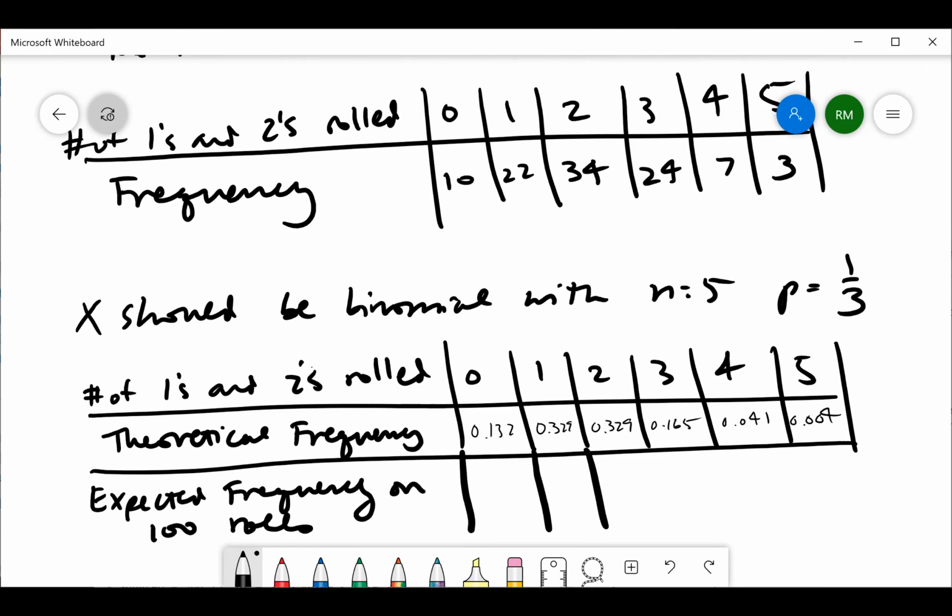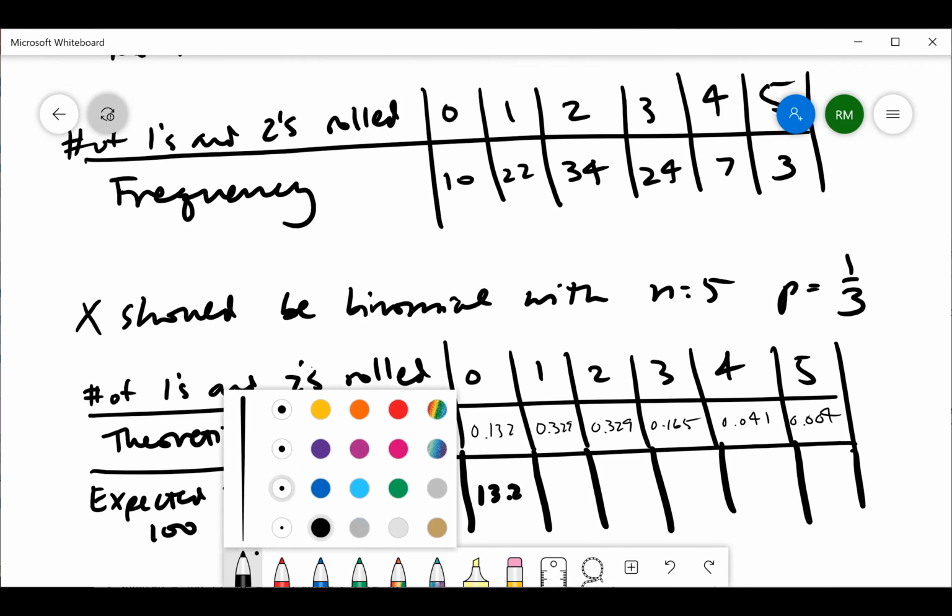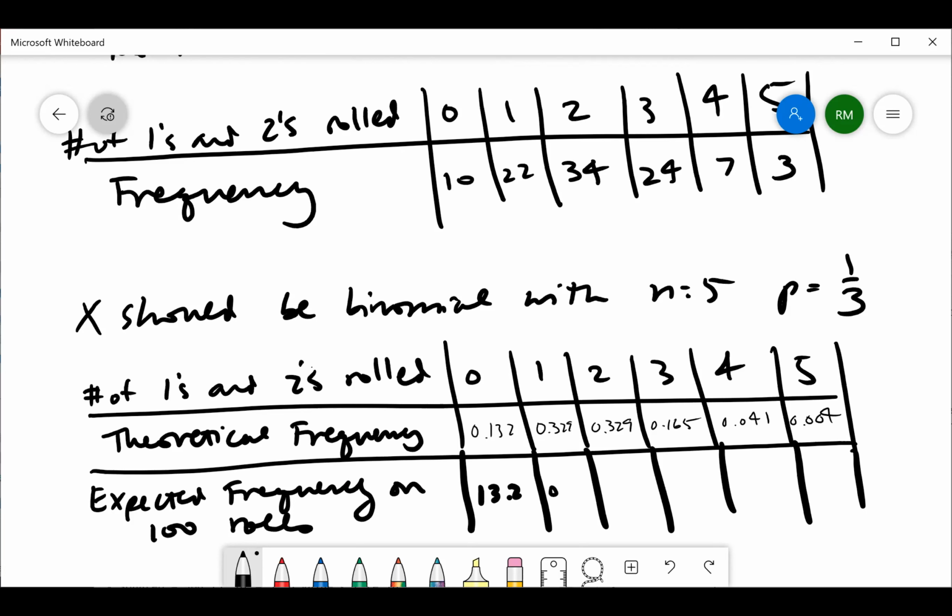So on these 100 rolls, we'd expect to get 13.2, 32.9, 32.9, 16.5, 4.1, and 0.4.